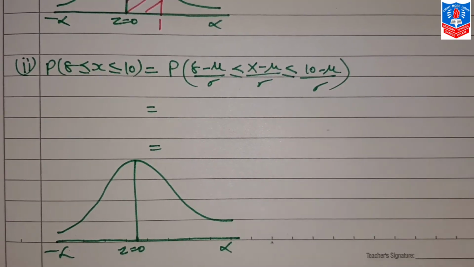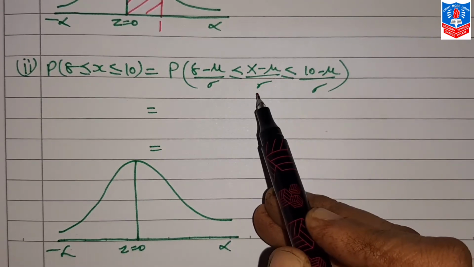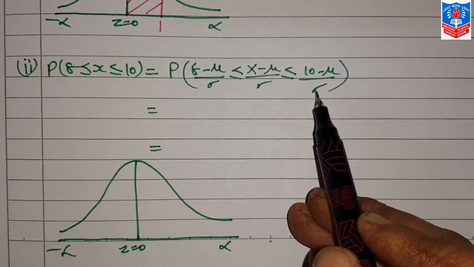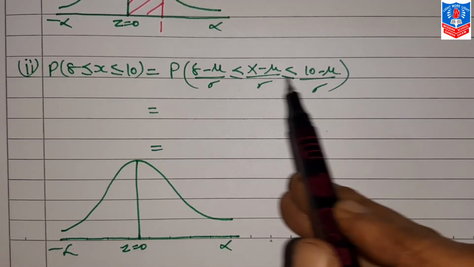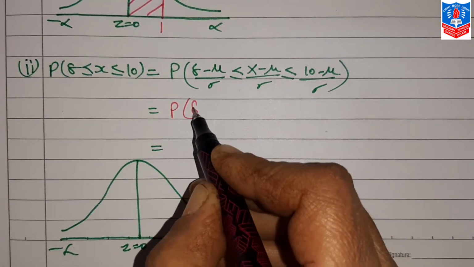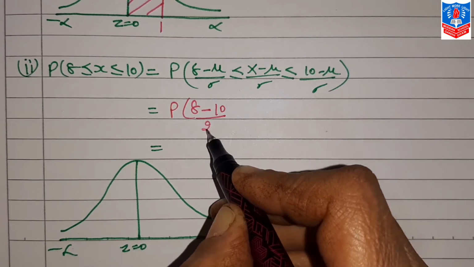Now again, (8 minus mu)/rho less than or equal to (x minus mu)/rho less than or equal to (10 minus mu)/rho, because between 8 and 10 we are supposed to find. Now again these values only, because value of mu we know is 10 and rho is 2.